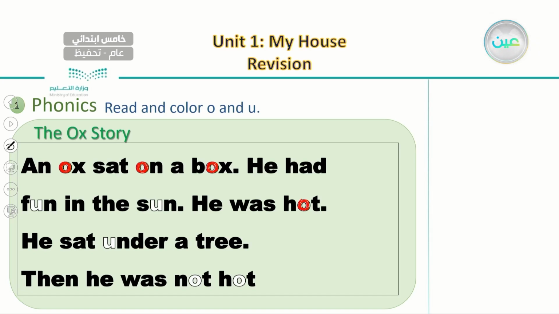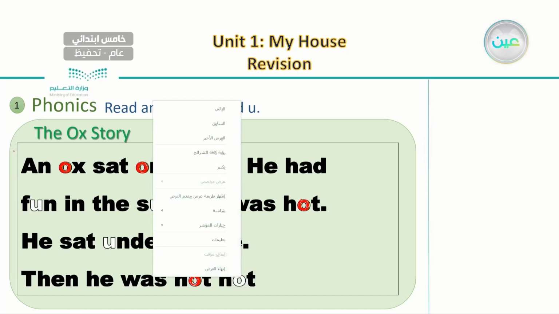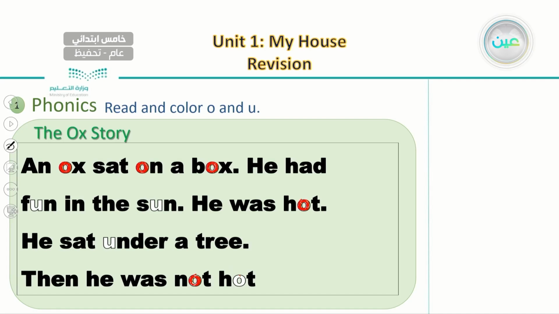between O and U. And also we colored the O in the word not, like this, and we said that we color the letter O with red. The final word we have is the word hot, so we color the O in the word hot.